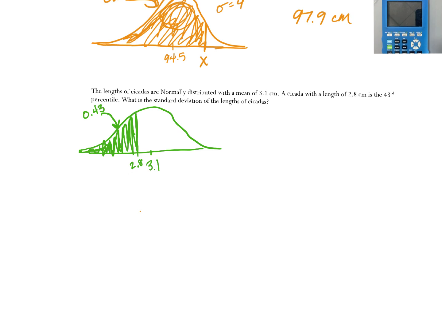So the area to the left of it is 0.43. Can I use normal CDF? Because I have the boundary, right? No. Why not? Because I don't know the standard deviation. Can I use inverse norm? No, because I don't know the standard deviation. Is everybody with me? So for right now, I'm just going to put a question mark.